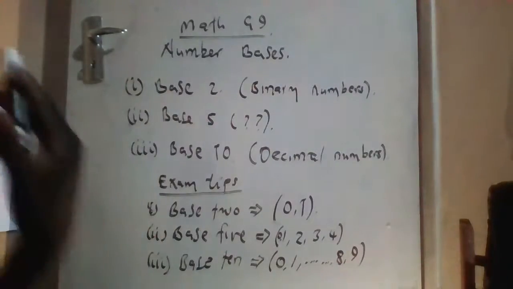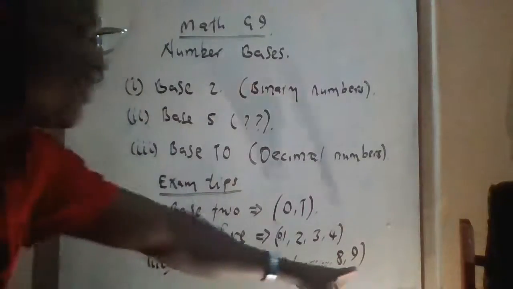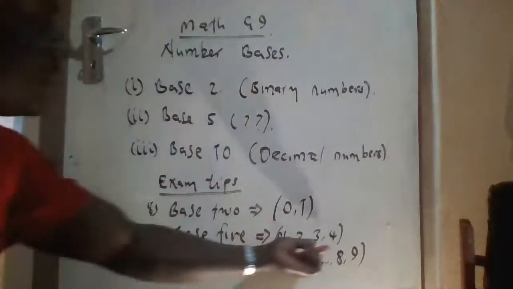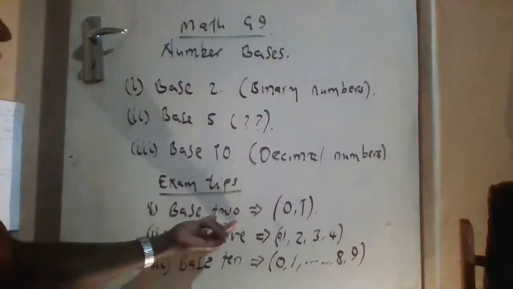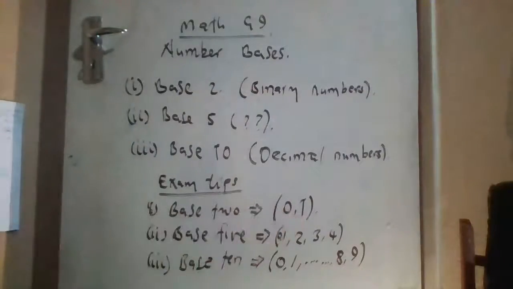You cannot have any number in base 10 that is 10 or bigger. You go up to 9. Dealing with base 5, you go up to 4. Dealing with base 2, you just go up to 1. That is the way we're going to do this.